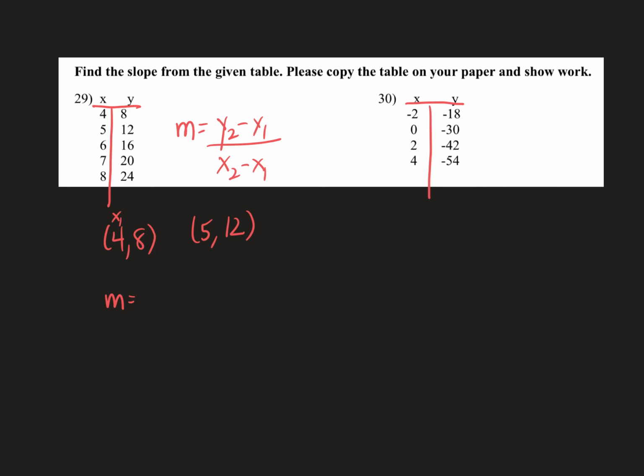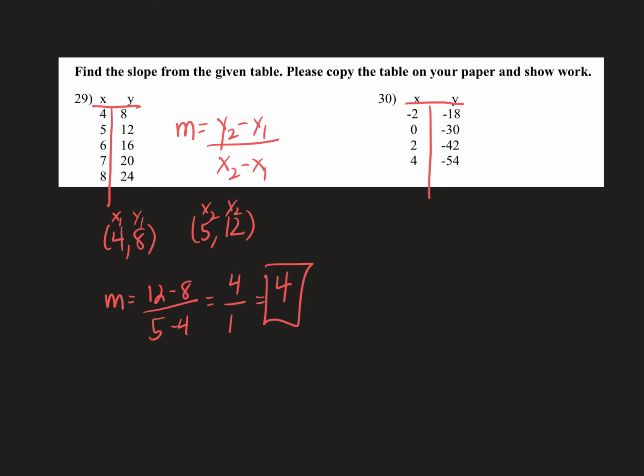Remember, x1, y1, x2, y2. So y2 minus y1, so 12 minus 8. x2 minus x1, 5 minus 4. 12 minus 8 is 4, 5 minus 4 is 1, and the slope is 4 for number 29.